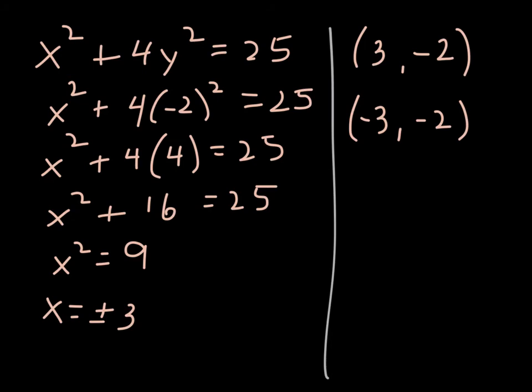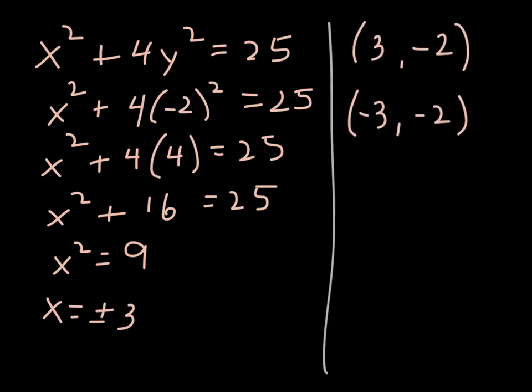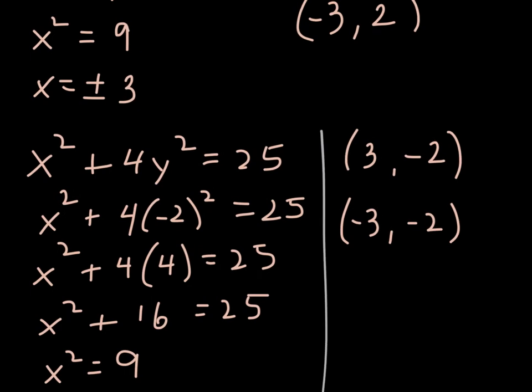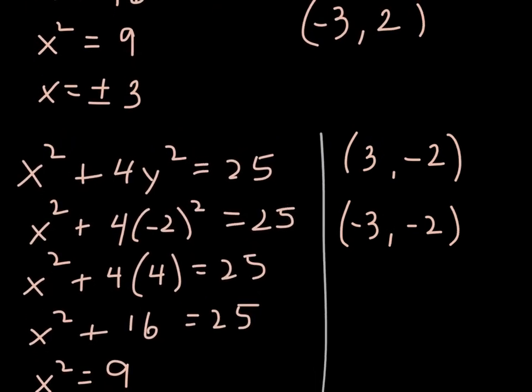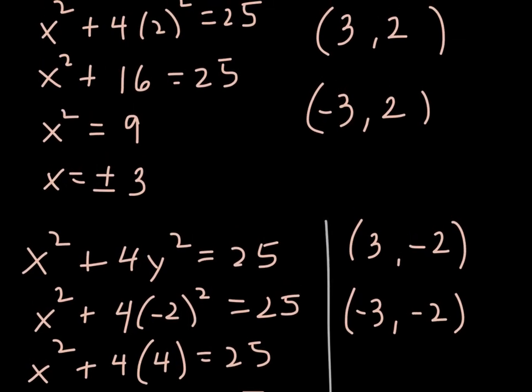Notice that you have these two solutions, and you also have these two that we found earlier. Do you remember? So basically you have 4 points of intersection. You got positive 3, 2, positive 3, negative 2, and then negative 3, 2, and negative 3, negative 2.